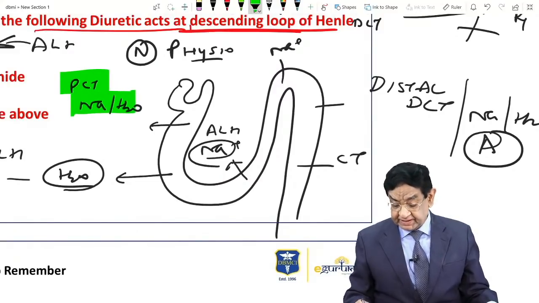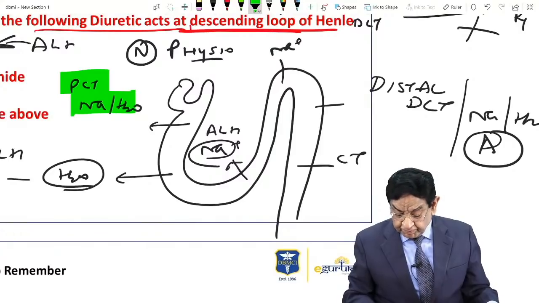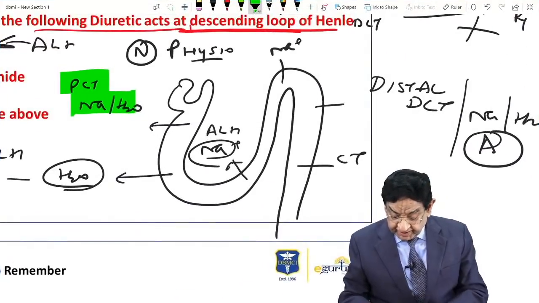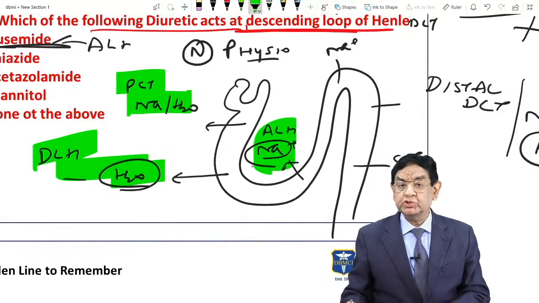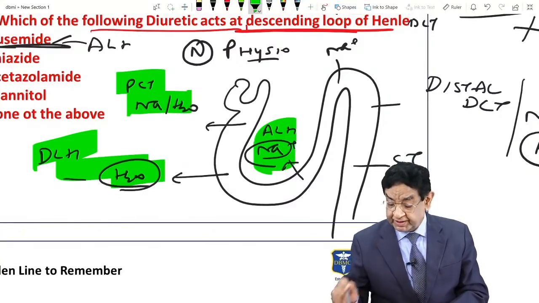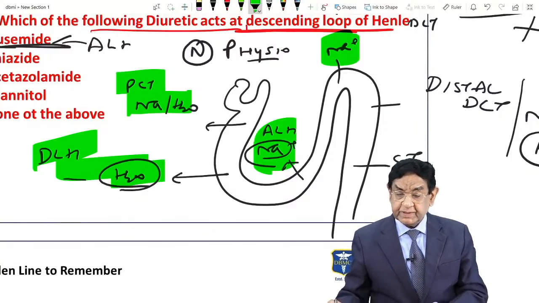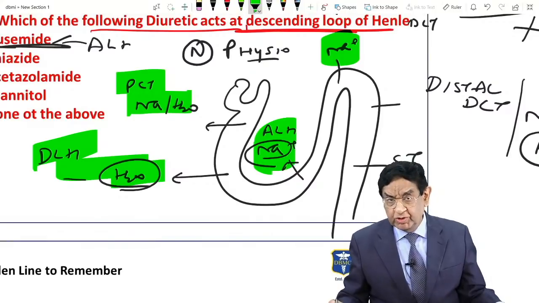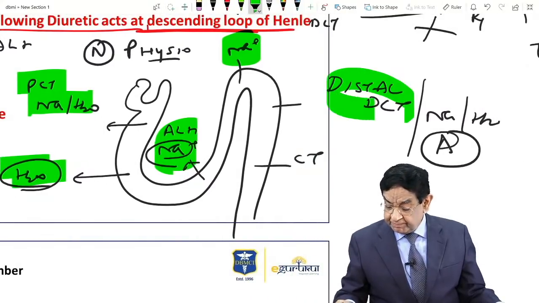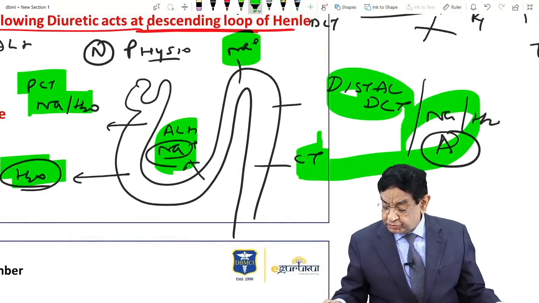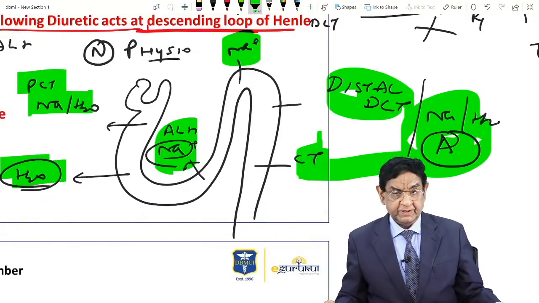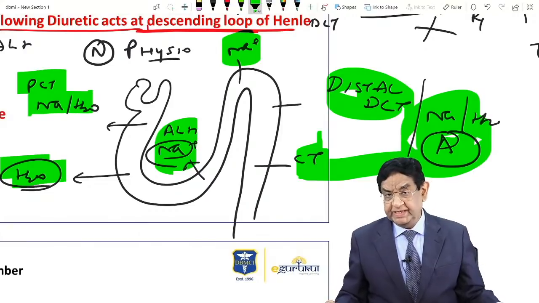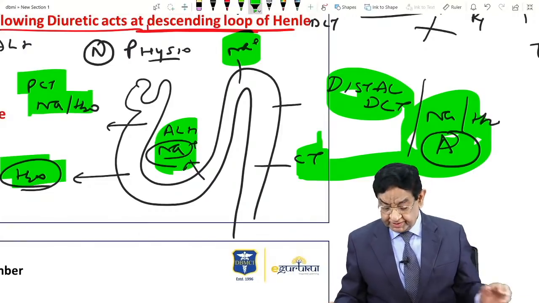In the descending loop of Henle, only water is reabsorbed. In the ascending loop of Henle, sodium is absorbed, no water. In the proximal part of DCT, only sodium. In the distal part of DCT and the collecting tubule, sodium, but under the influence of aldosterone. This is the normal physiology in relation to sodium and water.